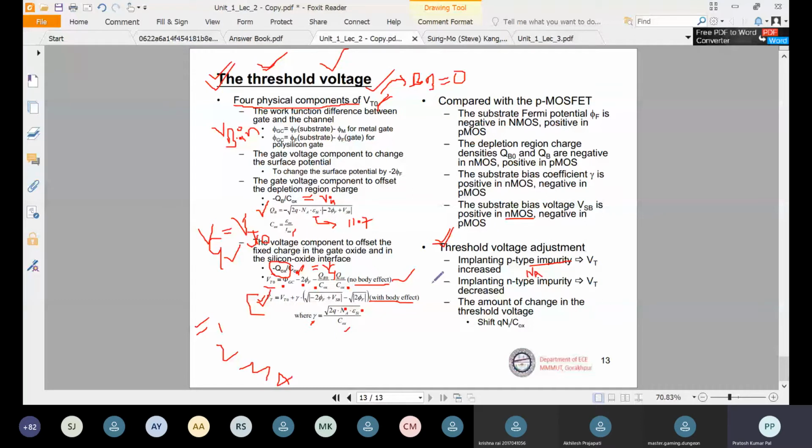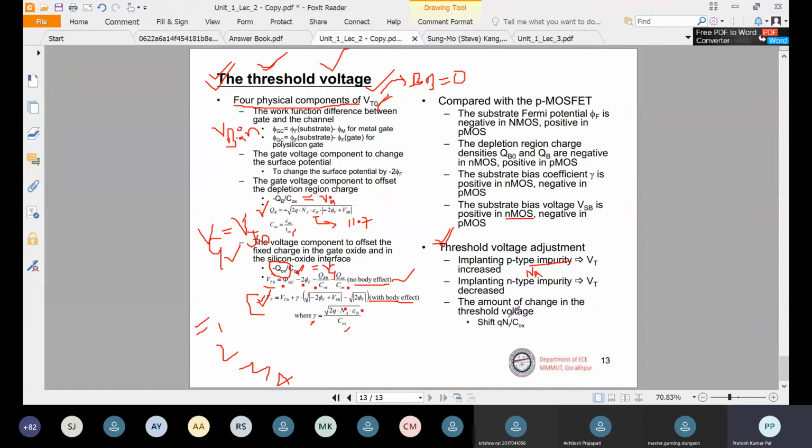So if we are implanting p-type impurity, अगर हम implant करें, means we are increasing the concentration of the doping, then the threshold voltage will be increasing. Similarly, if we implant n-type impurity, means we are reducing the doping concentration, then it will be decreasing.